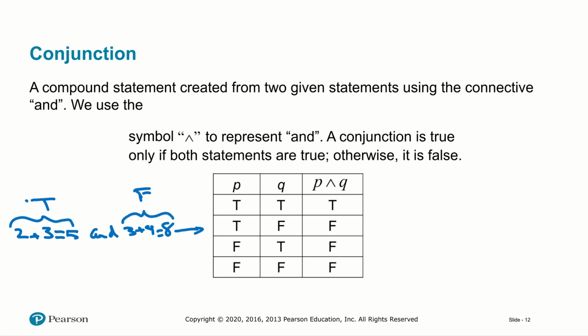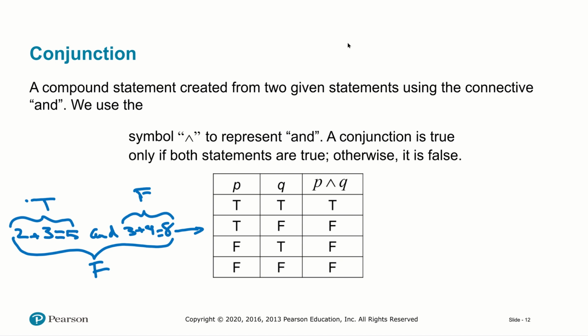So as an AND statement, the whole statement becomes false. The same can be used here. And of course, if they're both false, the conjunction is also false. So remember, a conjunction is only true if both statements are true. In all other cases, a conjunction becomes false.